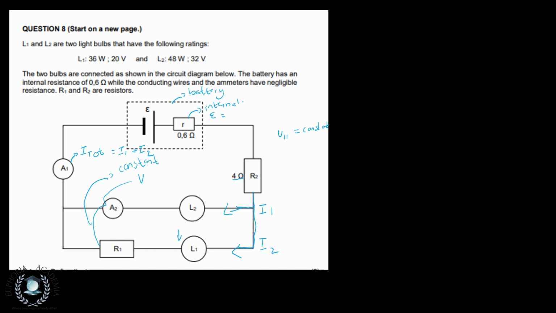So the voltage will drop here, and here, as well as here. But when you add all these voltages, your V2, your V1, your VR1, that should be equal to the parallel voltage across these two paths, right?